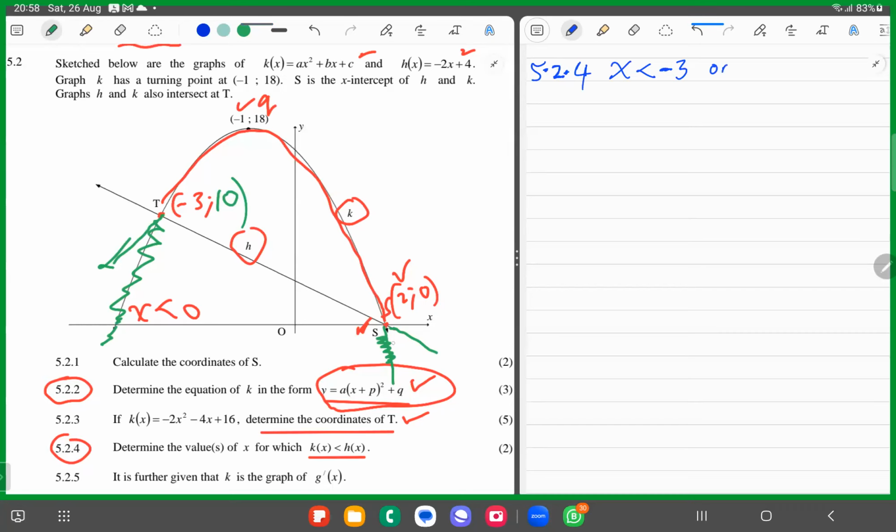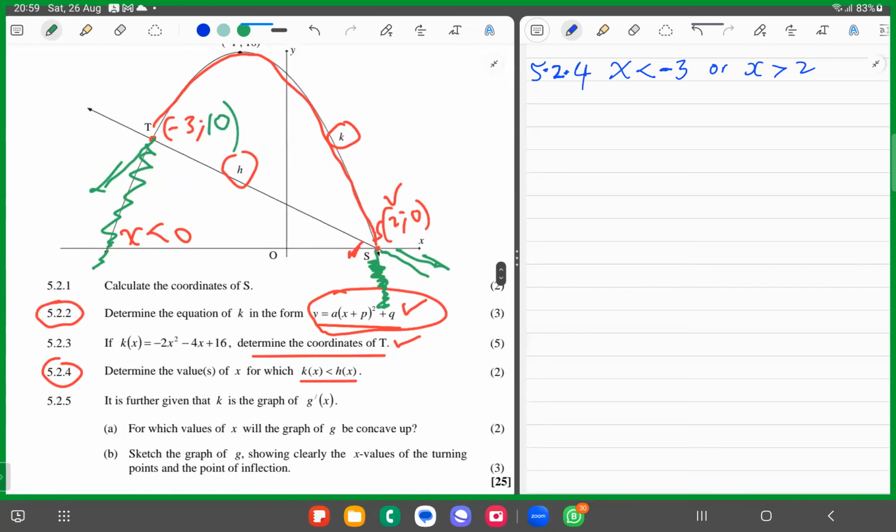Here we can also see it's below the parabola. That happens when x is bigger than 2. So it's when we migrate to the part of the x-axis where x is strictly bigger than 2. Okay, you continue.